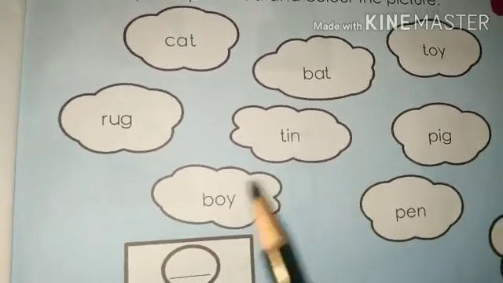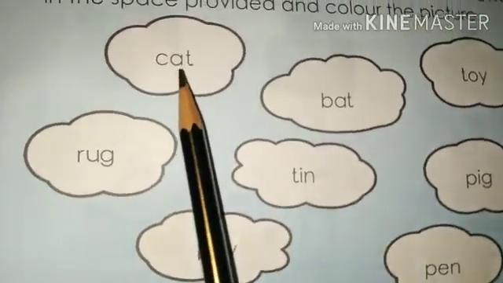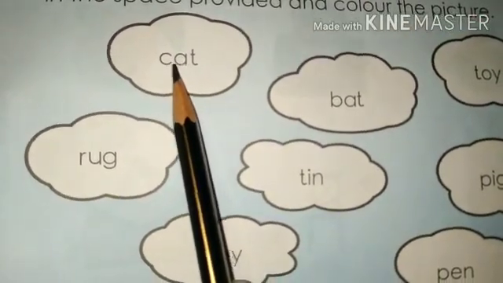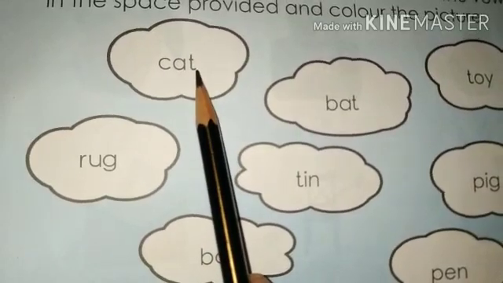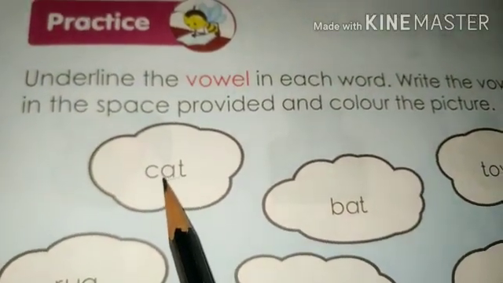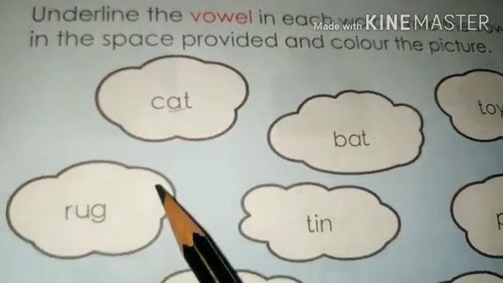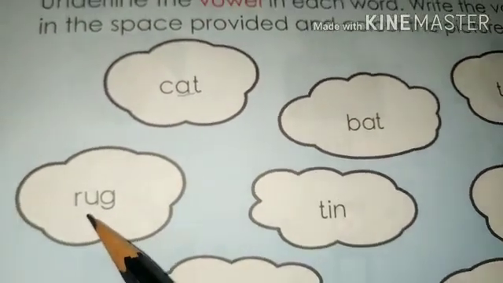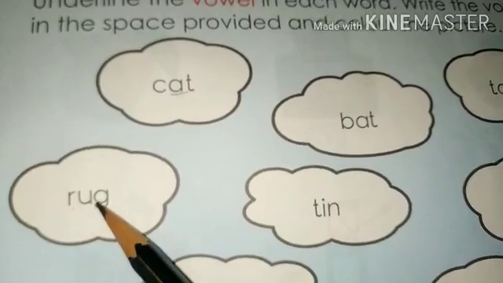So children, as you can see, so many words are here. So let's find out the vowels in each word. And your first word is cat. Cat. A is a vowel, so underline the vowel A. And your second word is rug. Rug.